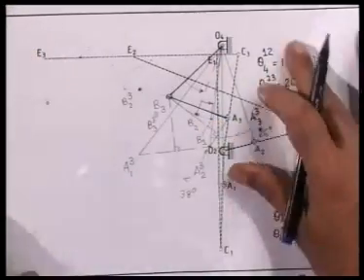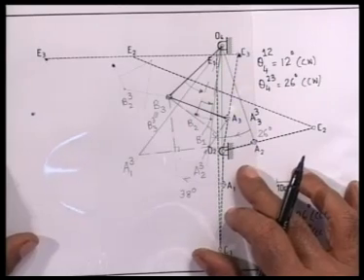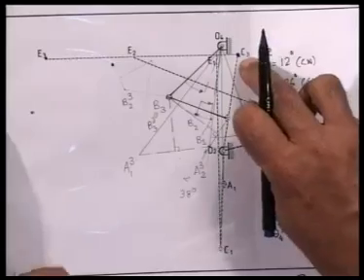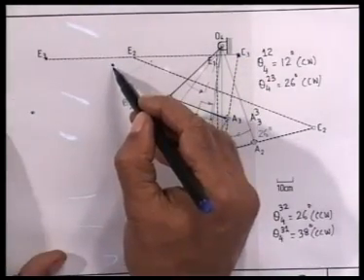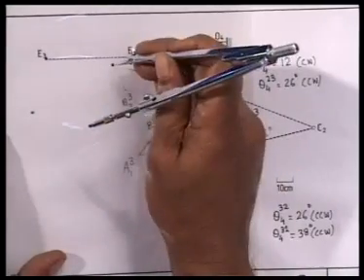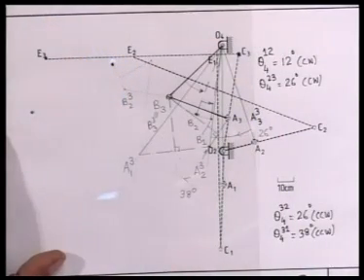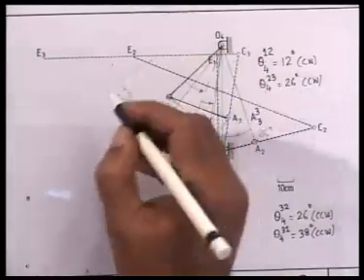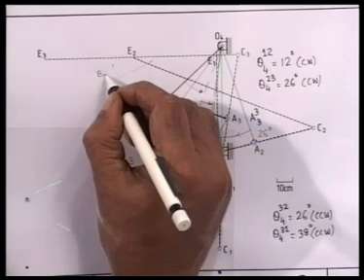So I now make a kinematic inversion with CE fixed at its third position, that is C1 coinciding with C3, E1 coinciding with E3, and wherever B1 has moved, that is the inverted position B13. So I mark this inverted position on my drawing paper, and I get the inverted position of B1, which I call B13.